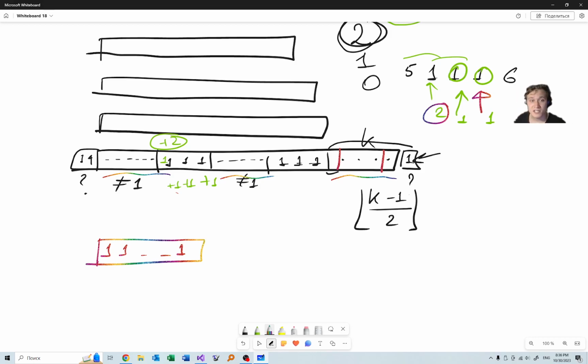There is a corner case. Sometimes there are several ones which are attached to the left end of the array or to the right end of the array. Why is it a corner case? Suppose you have like 1, 1, 1, 6. Then each of them gives you +1. You could say, what about the other order?